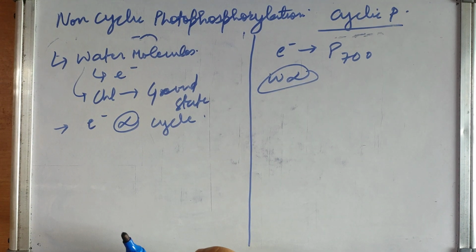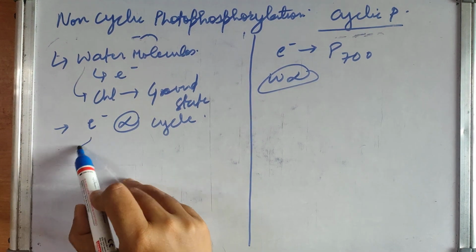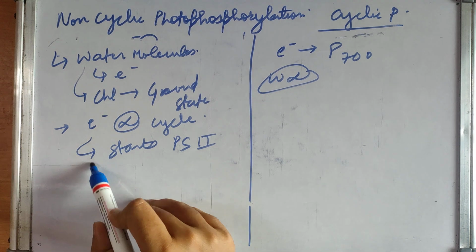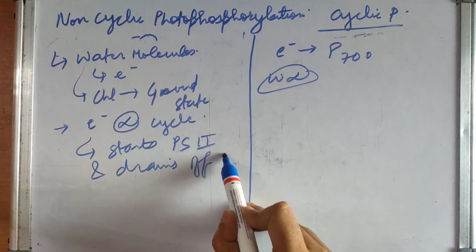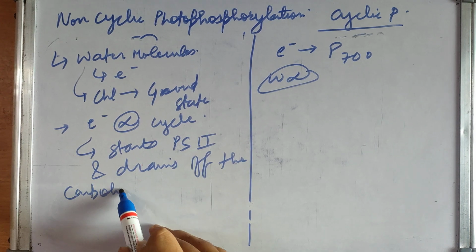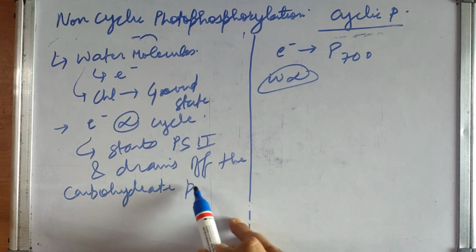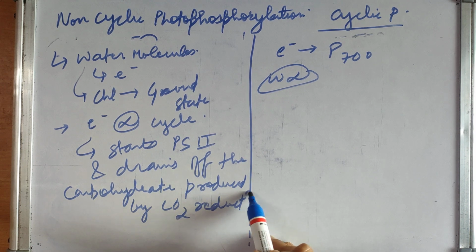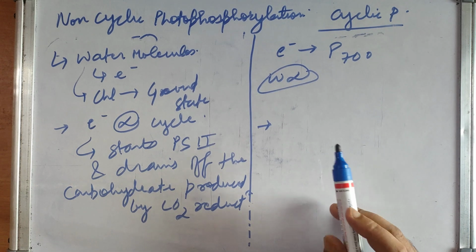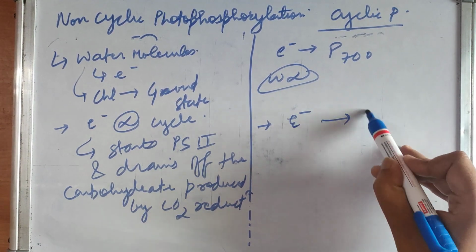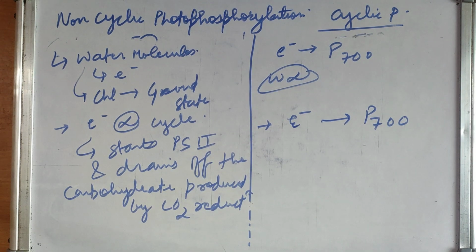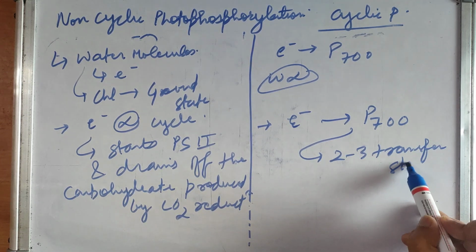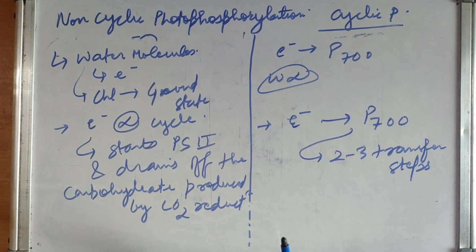It starts from PS2 and drains off into carbohydrates produced by CO2 reduction. In cyclic, the electron moves from P700 through 2-3 transfer steps to decreasing redox potential.